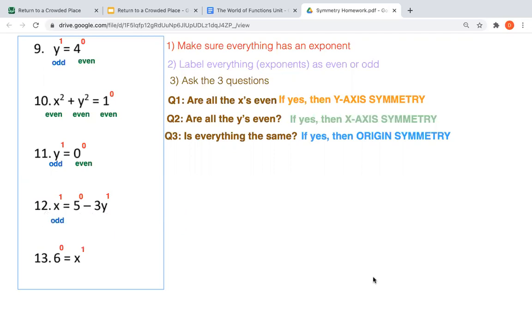Odd for x. Even for 0. And odd for 3y. Odd over here and even over here.